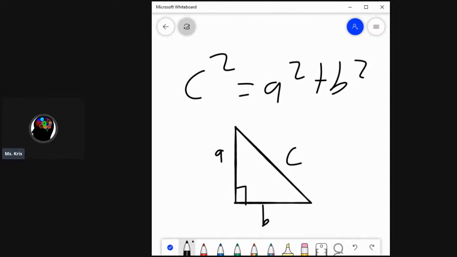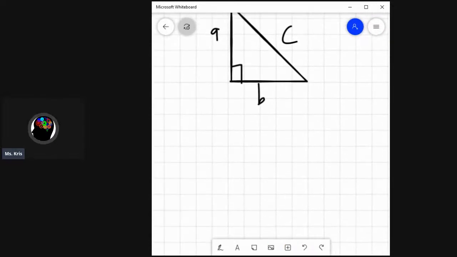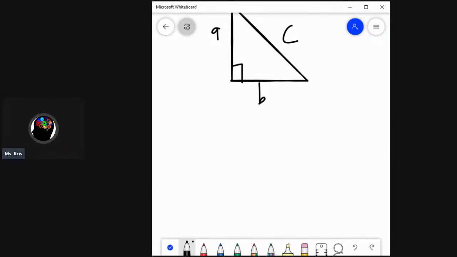And you can find each leg or the hypotenuse based on the square root property. So you're going to have 3 different square root properties when dealing with Pythagorean theorem.